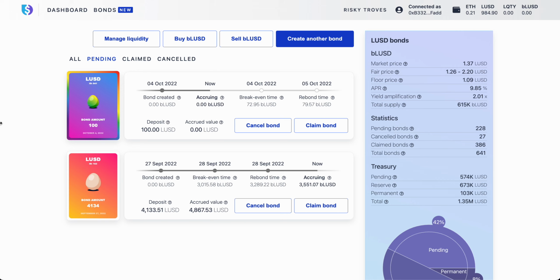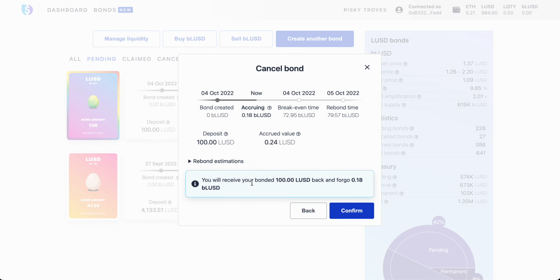So you can do two things with each bond. You can either cancel it or claim it. So canceling means that you are getting your full principal, the full 100 LUSD back. This is also indicated here. So you're receiving 100 back, but foregoing the BLUSD.